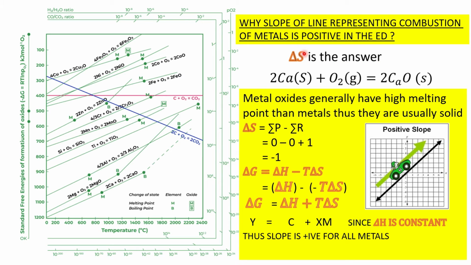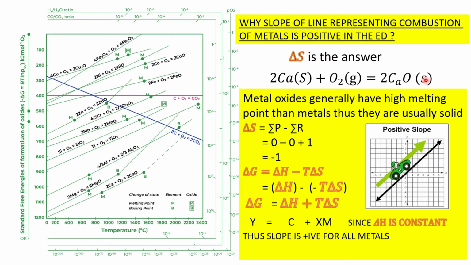That means entropy change. Let us take an example of this very first reaction, right? Here you can see 2 Ca reacting with O2 and forming 2 CaO. So here I have written this reaction. You know calcium is a solid, and oxygen is a gas, and calcium oxide, as I already told you, metal oxides are always solid.